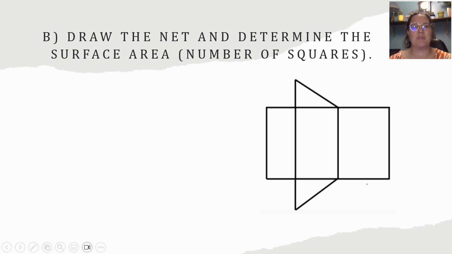So now we're going to determine the surface area of this shape, and here is the net drawn out for us. If you refer back to the numbers in the previous slide, our heights, our long sections are all 5.